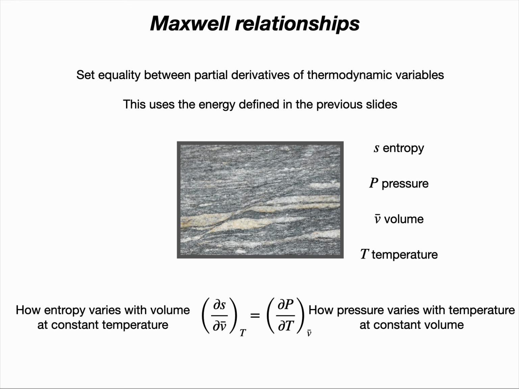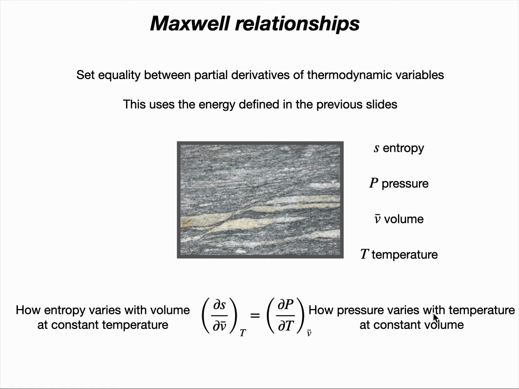And the aim will be to relate different partial derivatives together. For example, how entropy varies with volume at a constant temperature. This we will make appear afterwards, but it will be equal to the variation of pressure versus temperature at a constant volume.